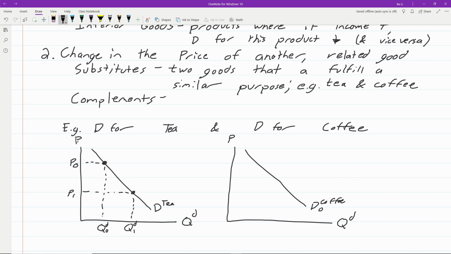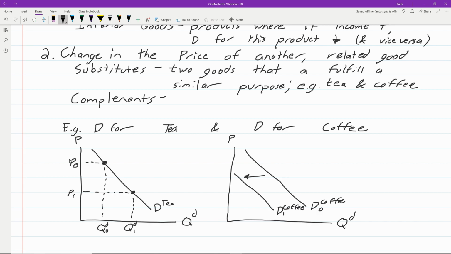If you want a caffeinated drink, either one can be pretty good for you, to help satiate your desire for a caffeinated beverage. Then, in that case, since people are buying more tea, people don't really need to buy as much coffee anymore, right? So the demand for coffee will see a decrease, just like this, right?